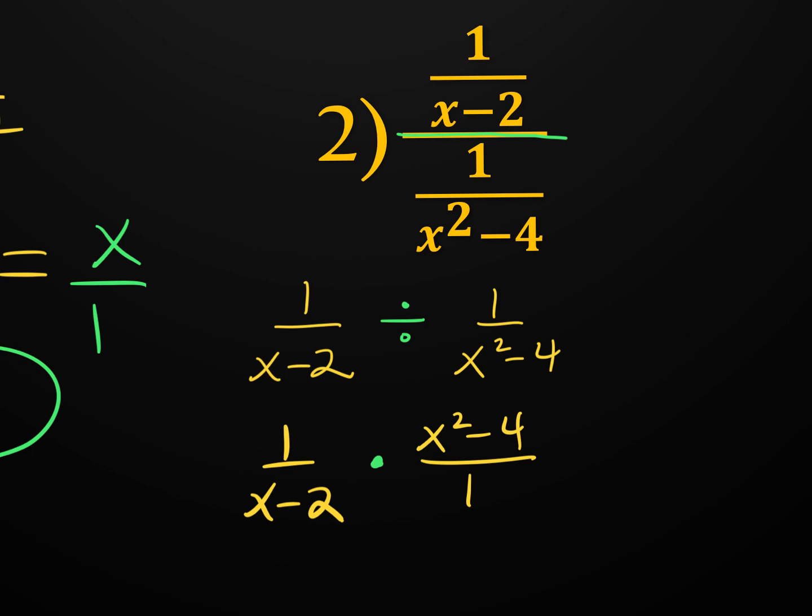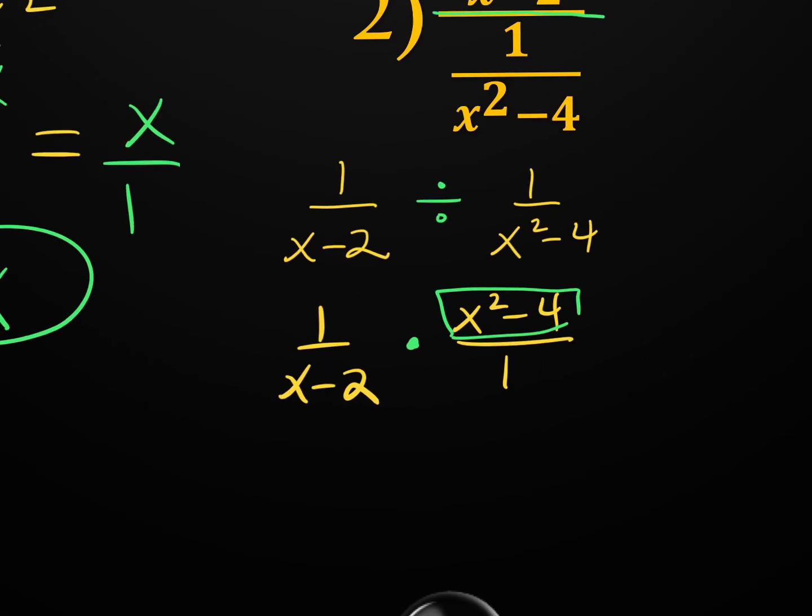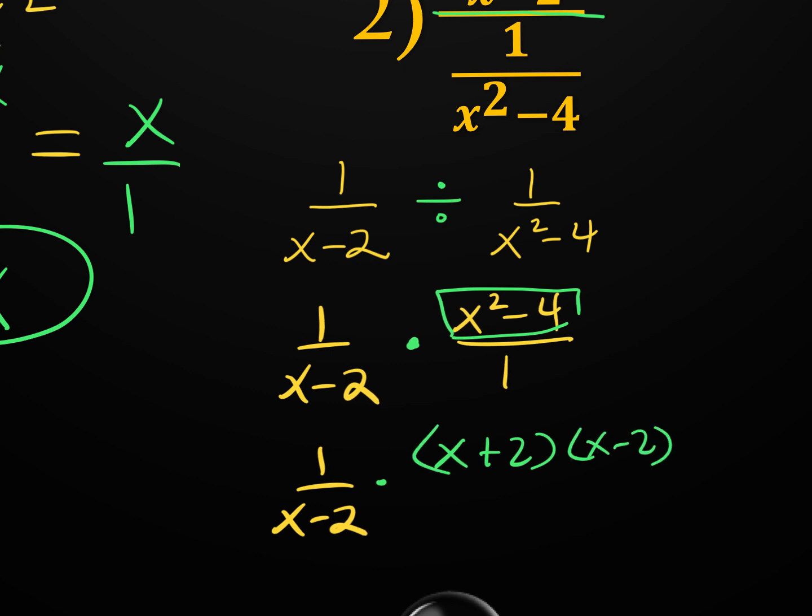I need to factor this first. This is the difference of two squares. So I'm going to keep my first one, nothing to factor there. Factor that numerator into x plus 2, x minus 2, and then it still has the 1 in the bottom. Now I'm going to look for things to simplify.